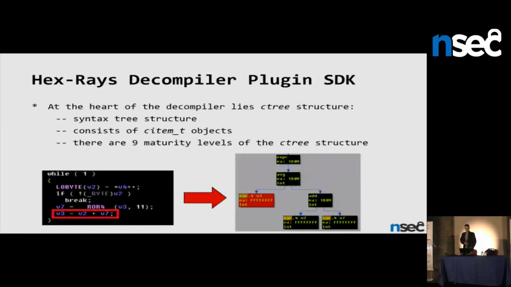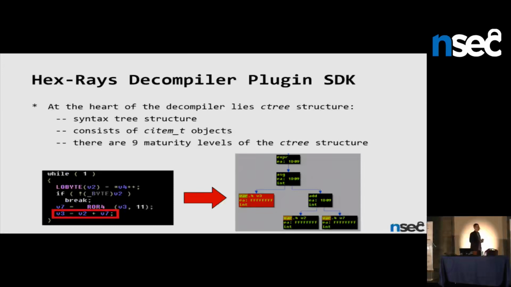Before we speak about functionality, we need to introduce some basic things about the Hex-Rays SDK and how it works. This is a plugin for the Hex-Rays SDK, and to represent a decompiled function, Hex-Rays uses a special tree structure called ctree.